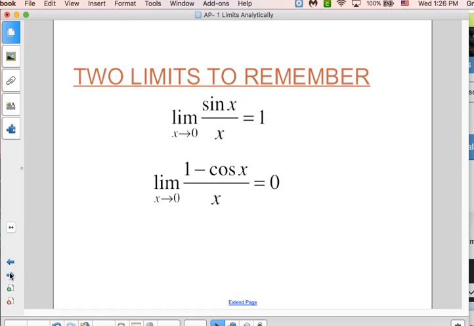You can't do direct substitution, you can't factor, you can't rationalize, you can't algebra your way out of it. These two limits, you just need to have memorized. If you want to be real fancy, you could always do the squeeze theorem for sine x over x, or you could just remember it equals 1. And similarly, we could do the squeeze theorem to show 1 minus cosine x over x equals 0. We're not going to. So these two limits, you just need to know.